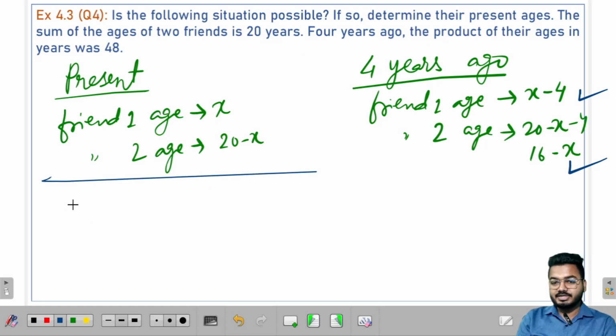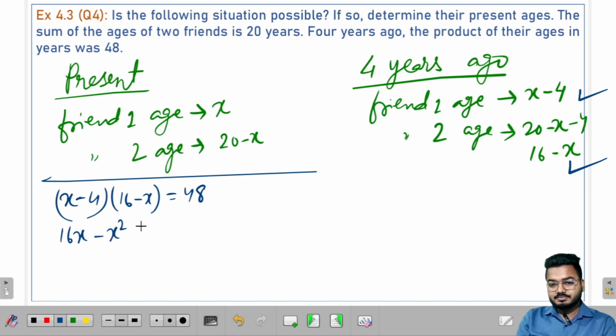So if I write an equation, x minus 4 and 16 minus x, दोनों का प्रोडक्ट है 48. Okay, let me simplify it. It will be 16x minus x square and 16 into 4, 64, and minus into minus, plus 4x, is equal to 48. If I rearrange it, I'll get minus x square, 16x and 4x, 20x, and minus 64 minus 48 is equal to 0.